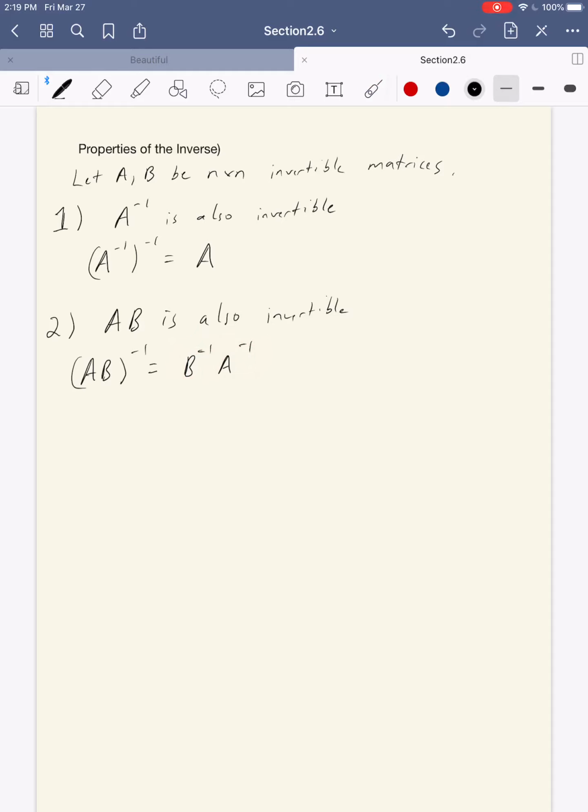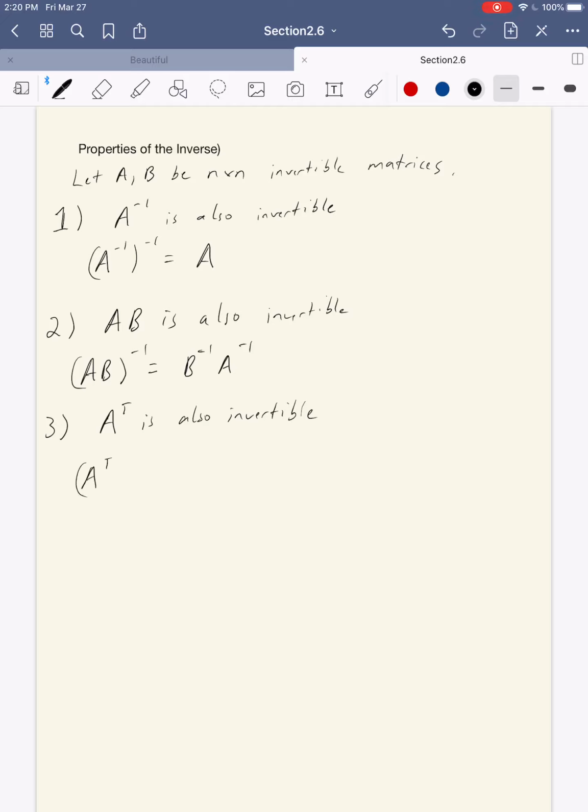Finally, we've got a property that explains how inverse works with transpose, which is one of those operations that was specifically for matrices. So A transpose is also invertible. So the transpose of an invertible matrix is also invertible.